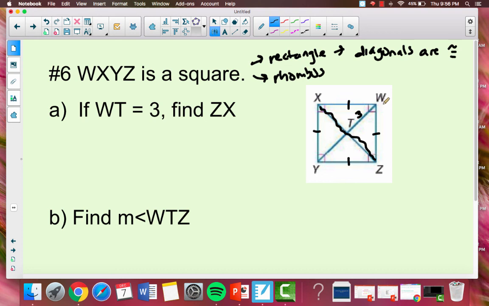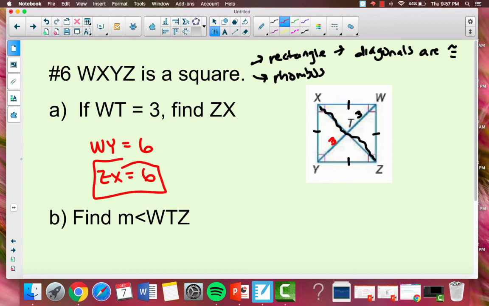So if I can figure out what WY is, then I can automatically figure out what XZ is. If WT is 3, that means that from T to Y also has to be 3. So my whole diagonal WY is equal to 6. And because our diagonals are congruent, Z to X also has to be 6.